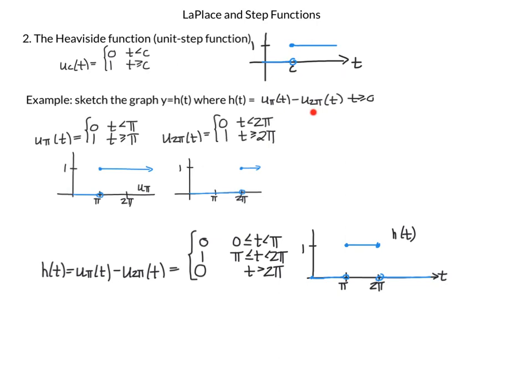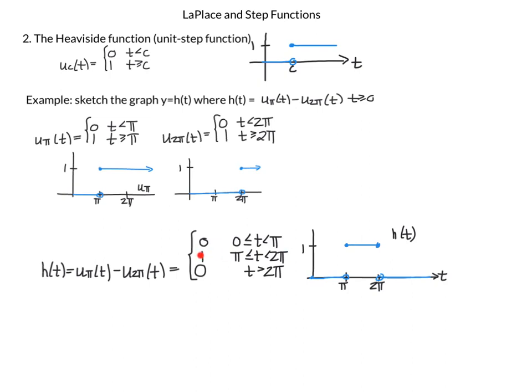Now I can see what goes on when I have u pi minus u 2 pi. So here, from 0 to pi, both of these functions are equal to 0, so I'm still going to get 0. Between pi and 2 pi, our u pi is equal to 1, whereas our u 2 pi is equal to 0.